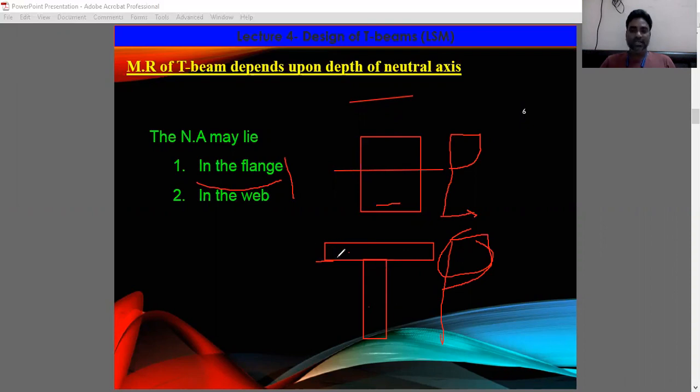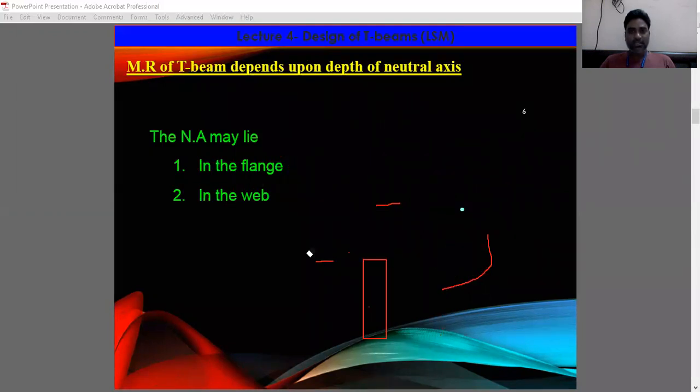So it is very important to determine the location of the neutral axis, whether it is within the flange or within the web, before going to design the T beam, right? Then we will discuss how to determine whether it is within the flange or in the web.